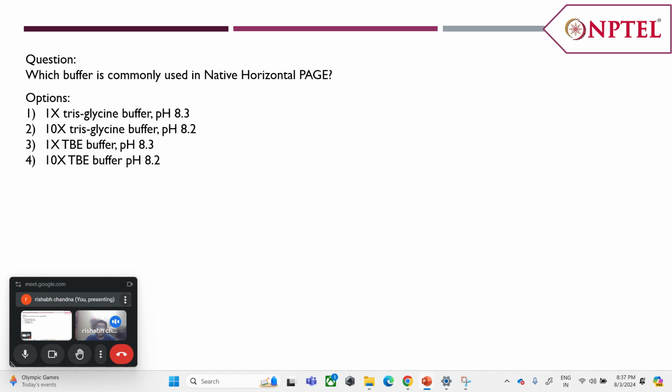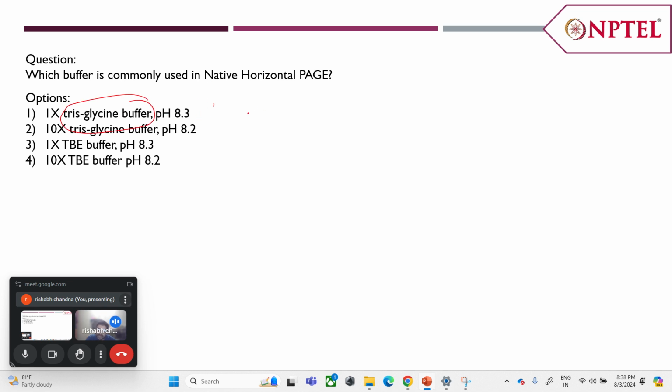Which buffer is commonly used in native horizontal PAGE? Can anybody guess? In native horizontal PAGE, we generally use Tris-glycine buffer.